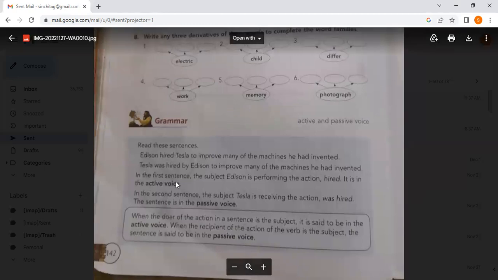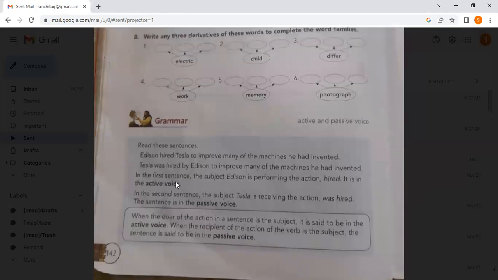Read these sentences, better. Edison hired Tesla to improve many of the machines he had invented.